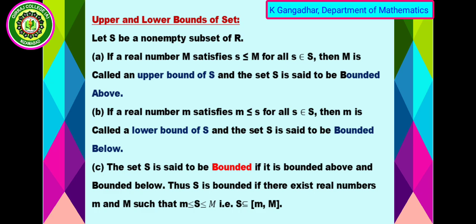Boundedness definition, or bounded set definition: a set S is said to be bounded if it is bounded above and bounded below.